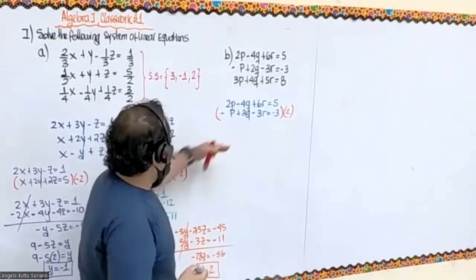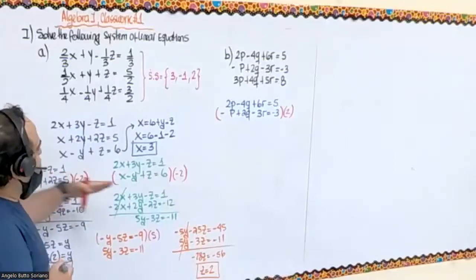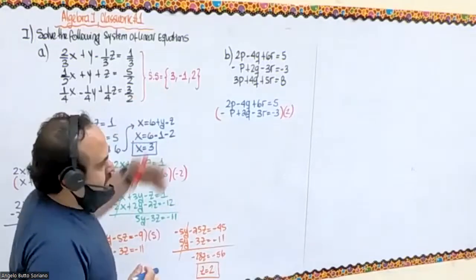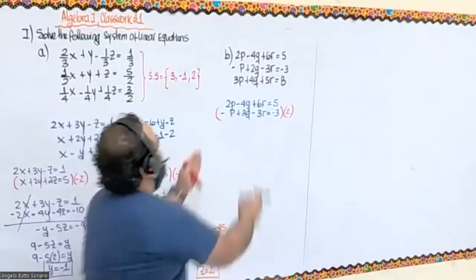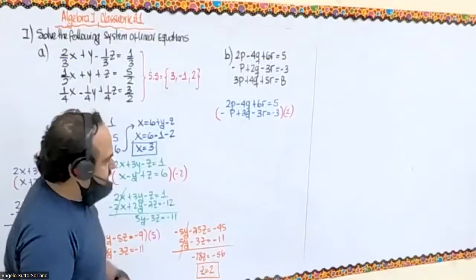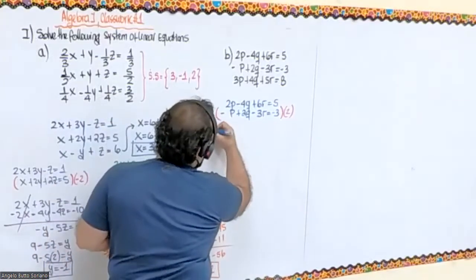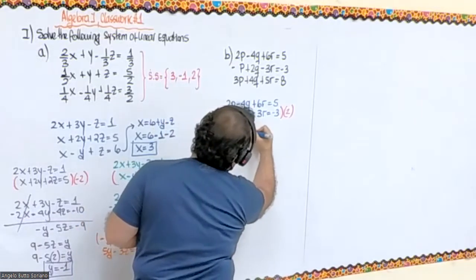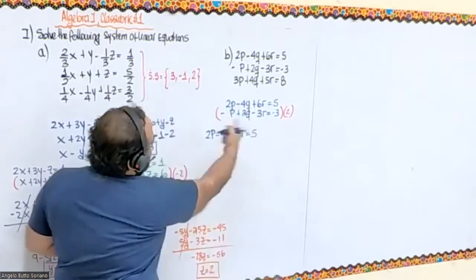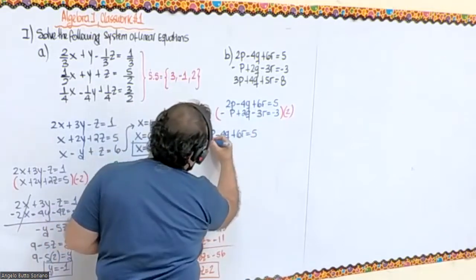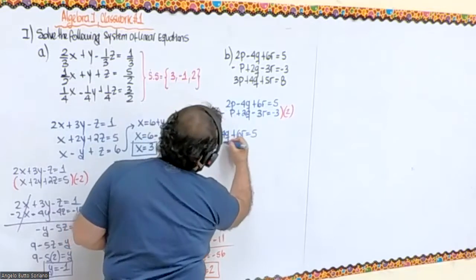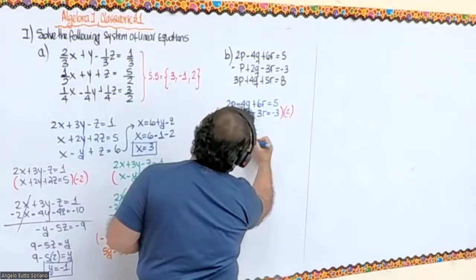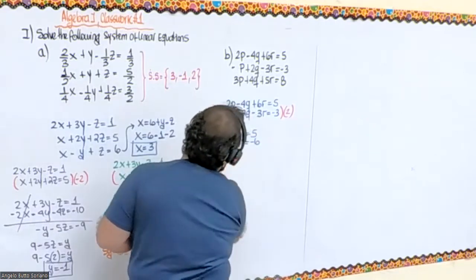If you see, I'm giving only some space because we really need to keep the process ordered, otherwise we're going to make a mess. All right, we have 2p minus 4q plus 6r equals 5. 2 times -p will be -2p, 2 times 2 is 4q, -3 times 2 we have -6r equals -6.